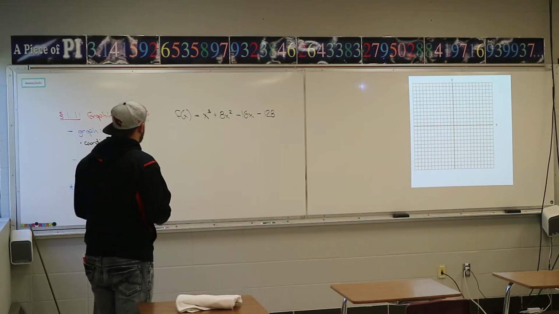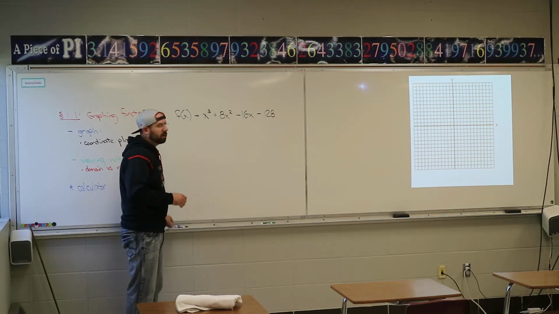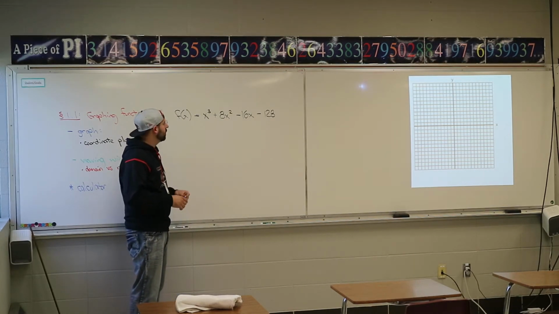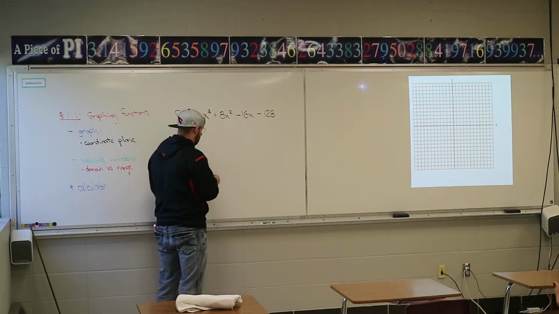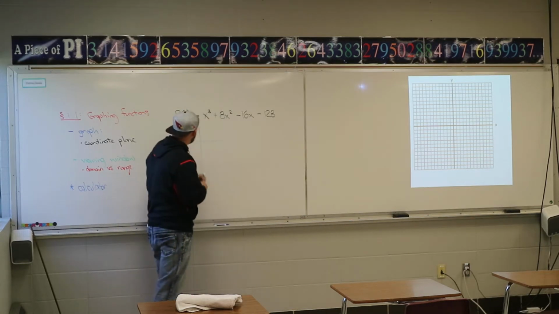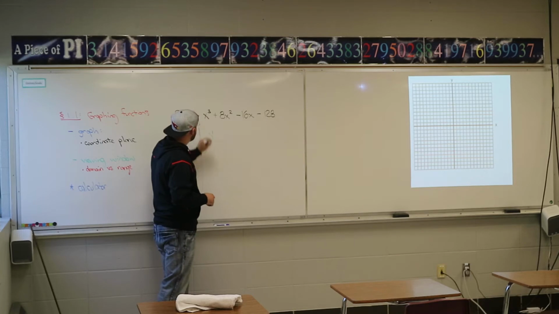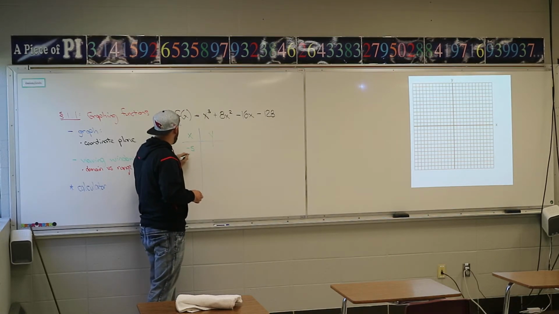Okay, so what we're going to do is type in a few numbers here. Off to the side of your graph, I want you to set up a table. On one side, you're going to have x's, the other side, y's. And let's go from -5 up to 5.